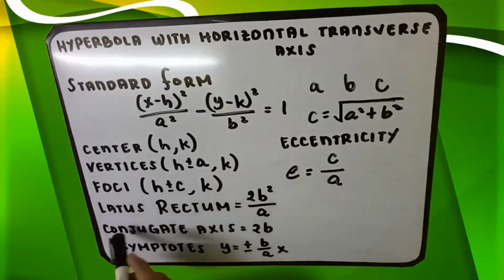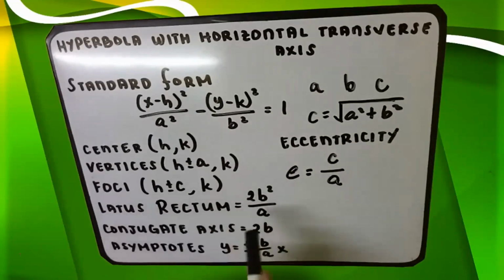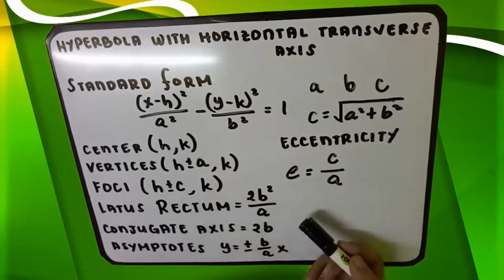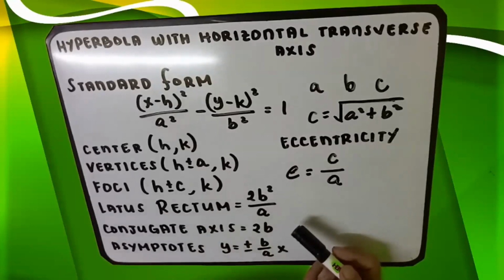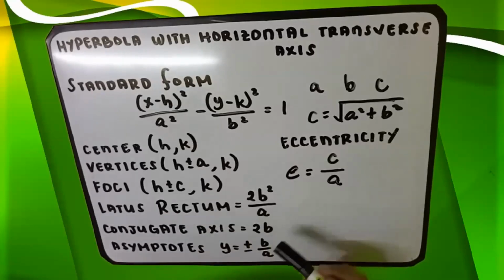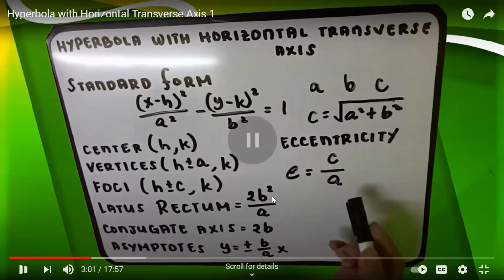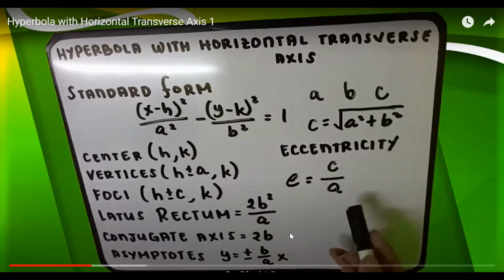And then for the length of the latus rectum, we will use 2b square over A. And then for the length of the conjugate axis, that is 2b. And then for the equation of the asymptotes, that is y is equal to plus minus b over a, and for eccentricity, that is e is equal to... So for the asymptotes, correction din to.